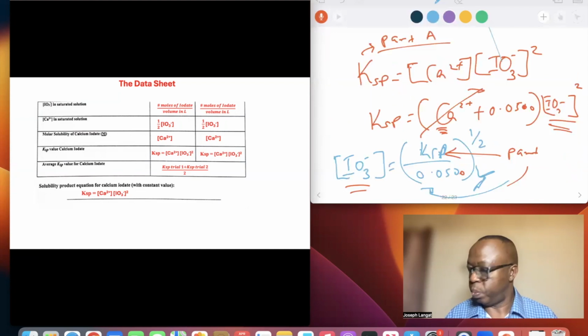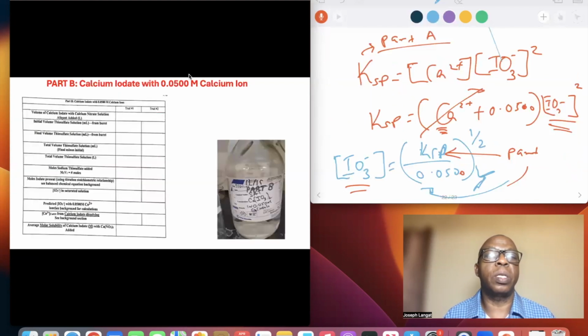except this, the saturated calcium iodide is in a solution of calcium nitrate, which is the common ion.